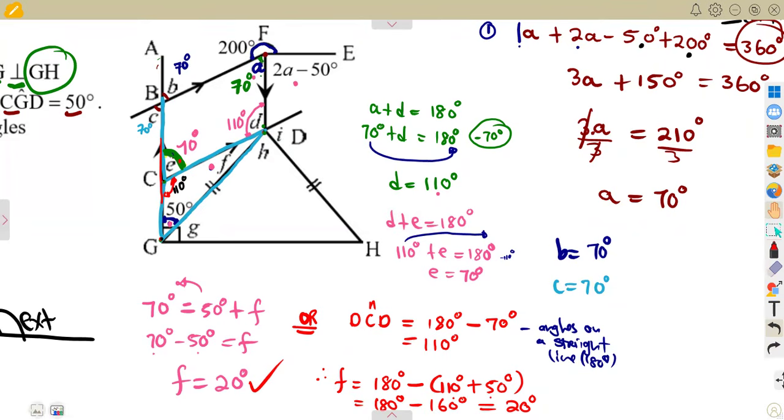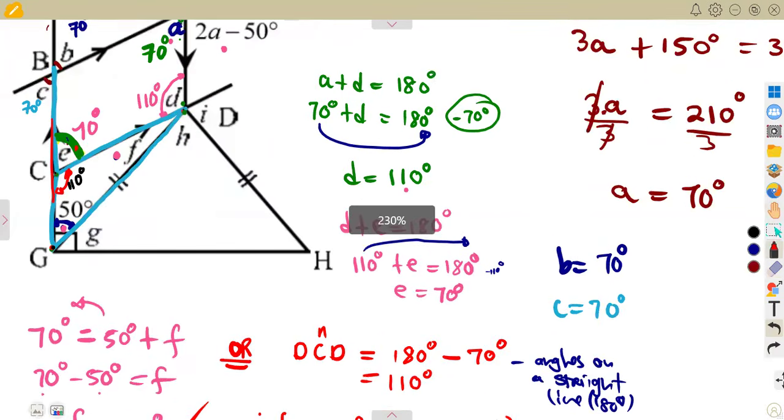Is it a theorem? That's what I'm trying to say. A proven fact is a theorem. If it is not from a theorem, then we can't use it. All right, so I hope you are following. So our angle F is 20 degrees.